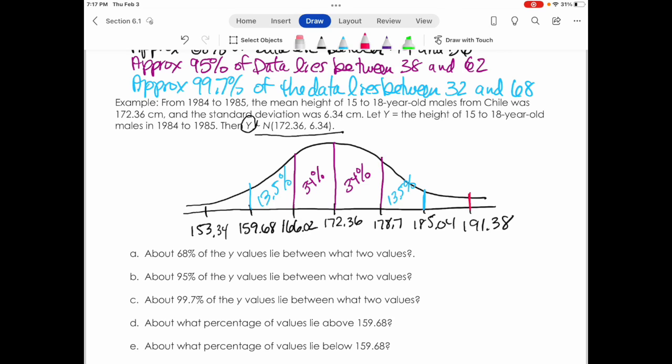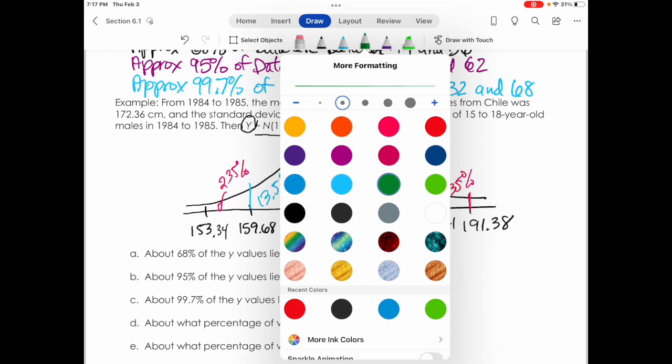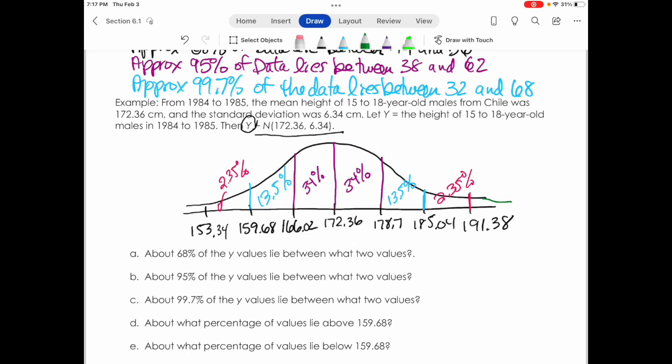And then if we go out again, that's going to give me this area, which is 2.35%. And this is 2.35%. And then out one more time, this little tiny area right here we said was 0.15%. And this little tiny area here was 0.15%. So now we can use this chart to answer our questions.